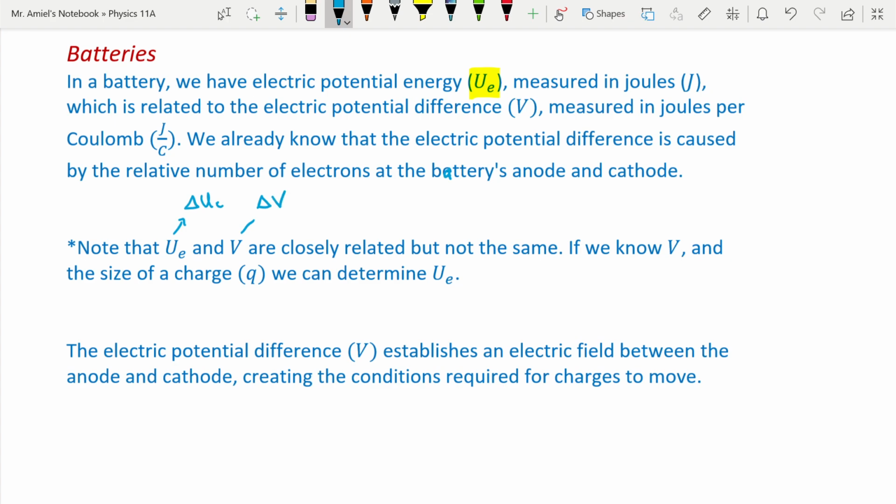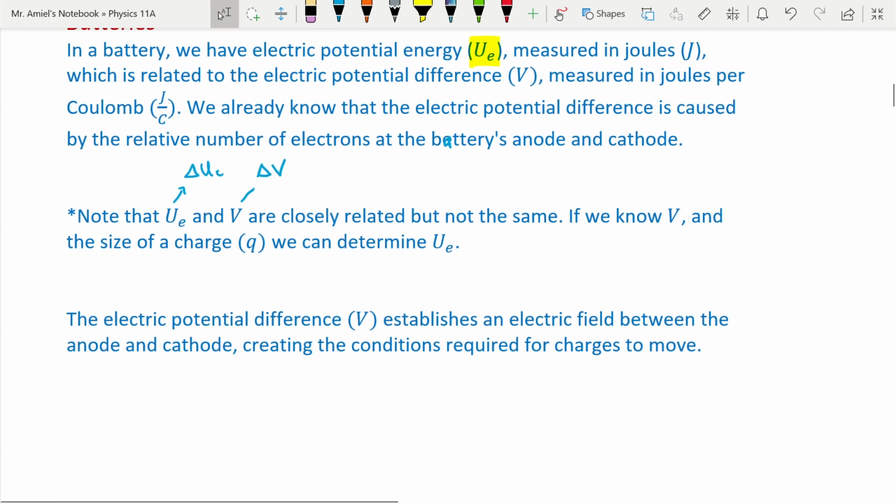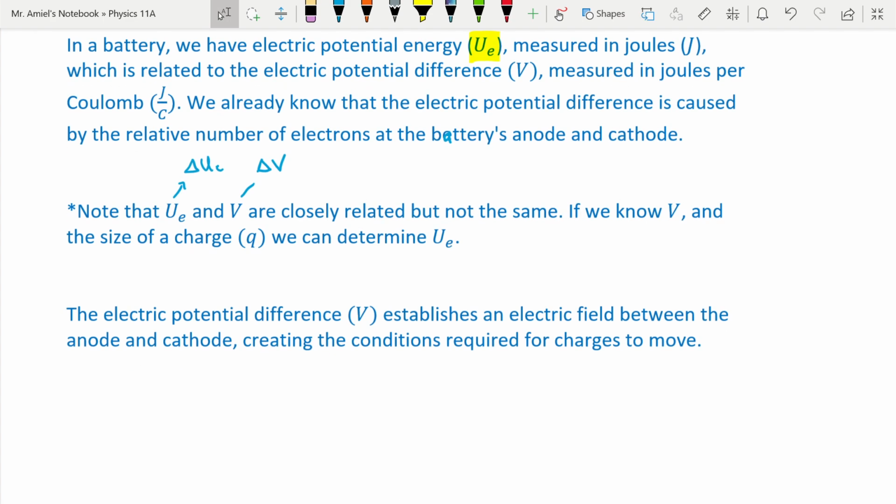So really what we're interested in is the amount of work that it takes to move a charge within an electric field. And so to move the charge, we're going to have a final location and an initial location. So we're interested in the change in energy or the change in the electric potential difference. So again, these things are closely related, but they are not the same.